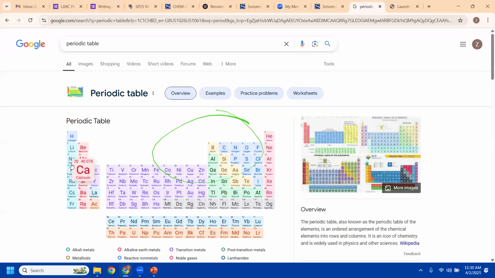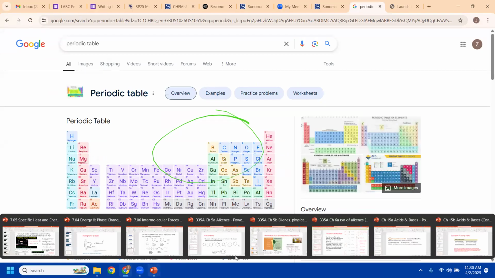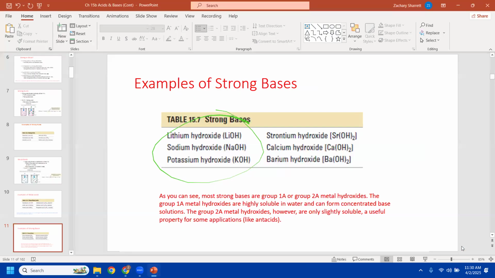So the alkali metals and the alkaline earth metals, when they are combined with a hydroxide, are all strong bases, okay? You're not going to have to memorize these as much. But as you can see, most strong bases are group 1A and 2A. The group 1A metal hydroxides are highly soluble in water and can form concentrated base solutions. The group 2A hydroxides, however, are only slightly soluble. So that's why we use those in things like antacids.